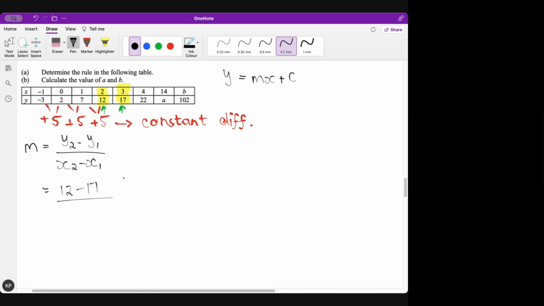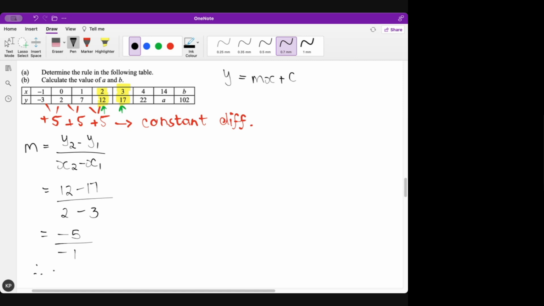If y2 is 12, then x2 has to be the 2 minus the 3. Great. What's 12 minus 17? Not just 5, it is negative 5 over 2 minus 3, which is negative 1.